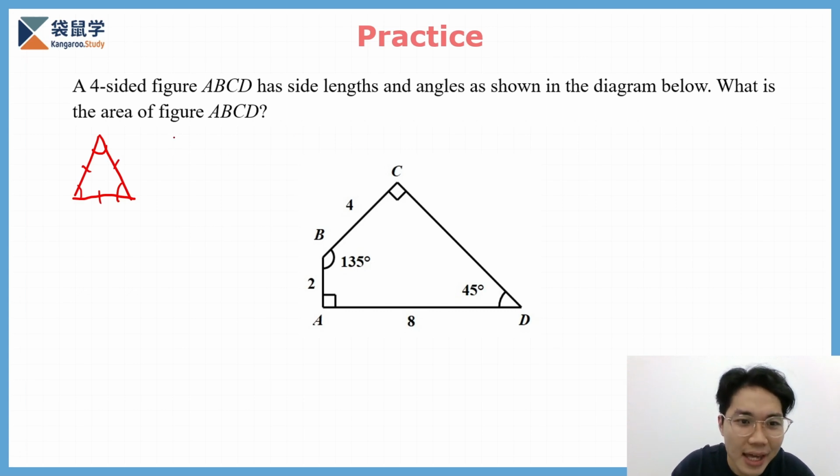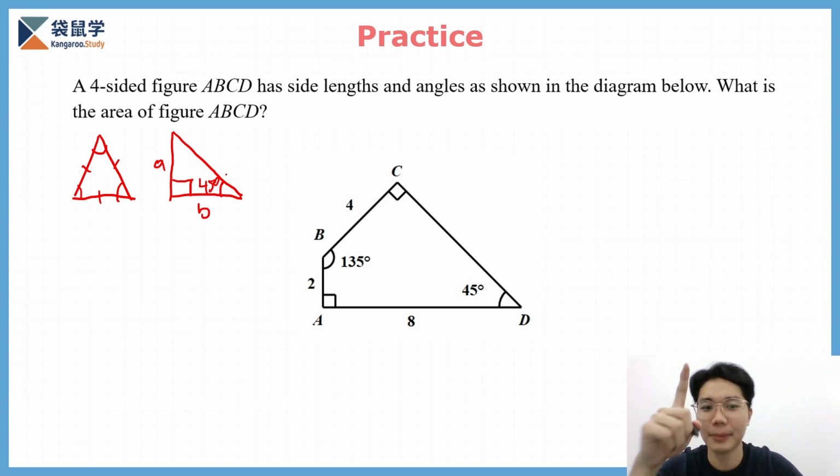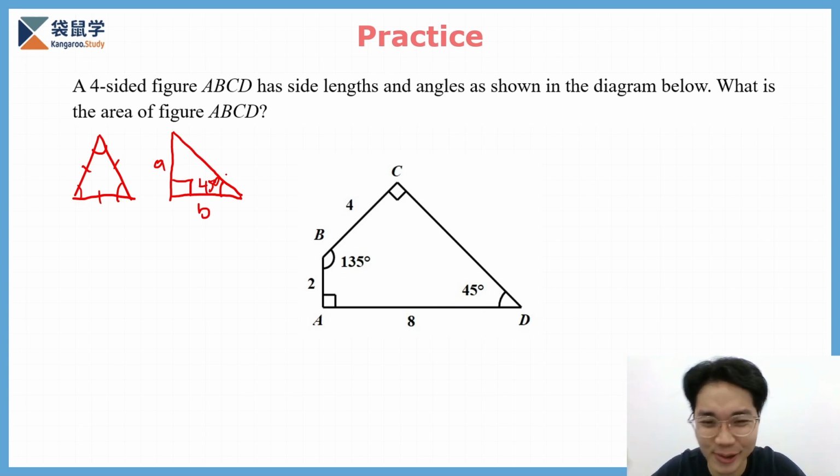For example, if I have a triangle like this, and I say that this is 90 degrees, and this angle is 45 degrees, what can I say about the length of A and B here? Think about it. This is a hint for you. After you figure out this hint, you can try out this question.